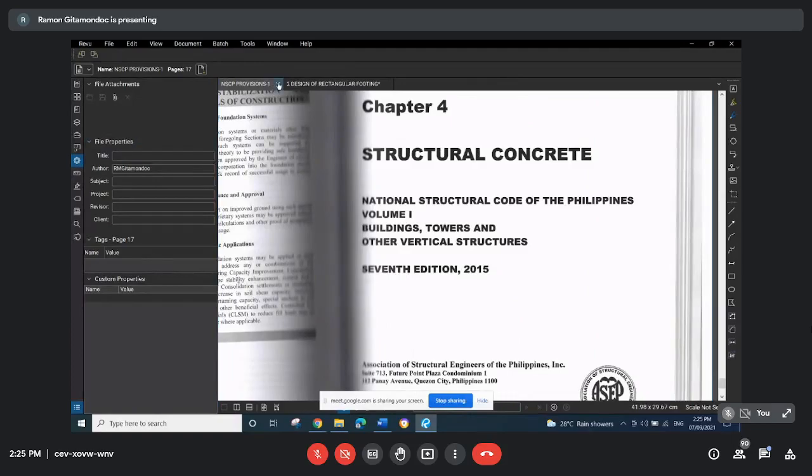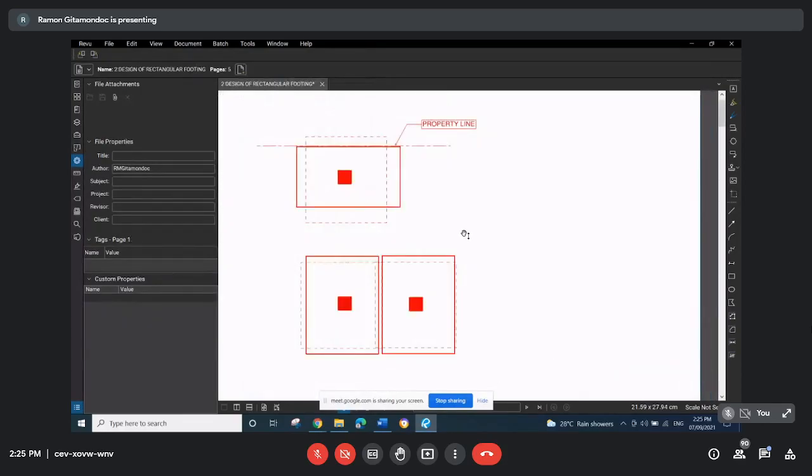So I hope that you have a copy of the NSCP, because in our discussion we'll be quoting some of them. That's important, important for you to be able to read directly from the code. There are a lot of information there.